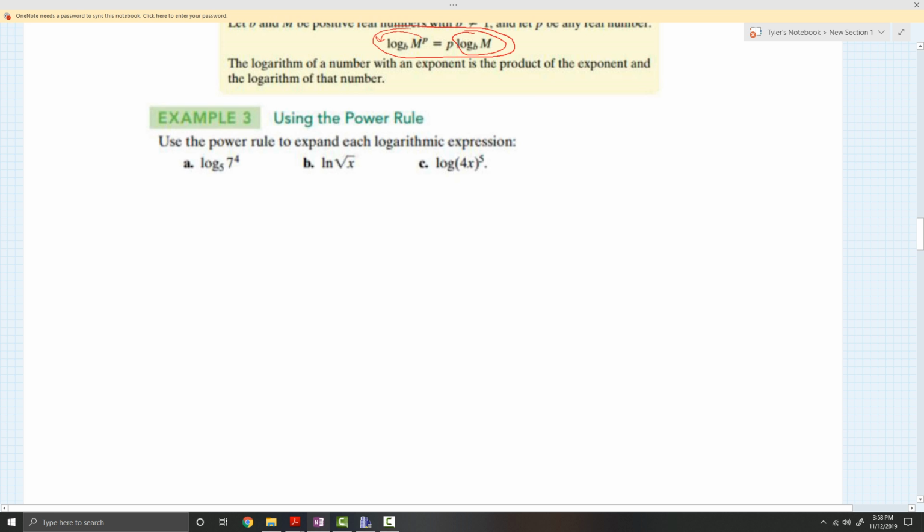Something else to review really quick is when you have radical signs, like a cube root, square root, and so forth. How do you rewrite that as an exponent? The general rule of thumb is, if I have the nth root of x, this is going to be equal to x to the 1 over n.